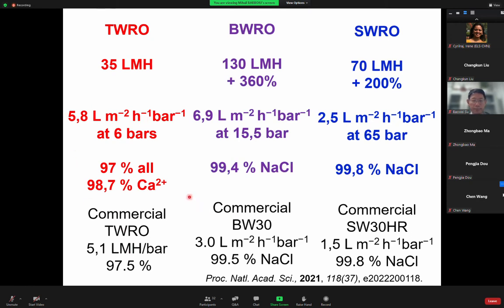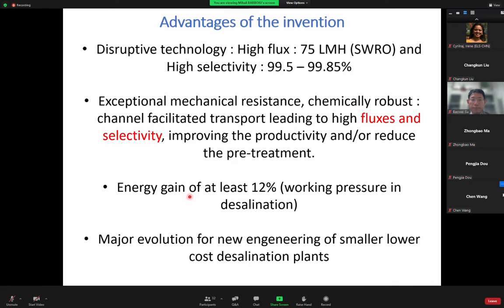The advantage of the invention is a disruptive technology with high flux for seawater, salted water, with high selectivity. We have exceptional mechanical resistance proved theoretically, chemical robustness, and fluxes and selectivity even in the harsh conditions in which we treat the membrane.